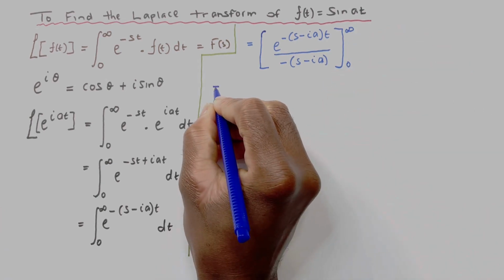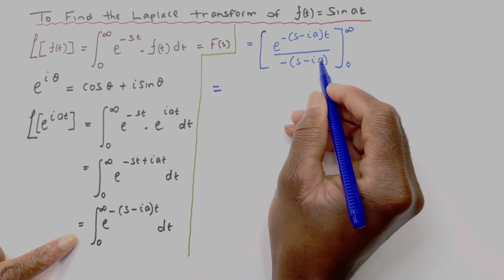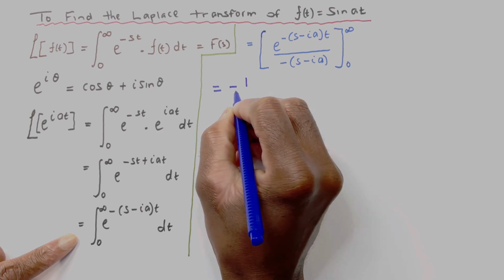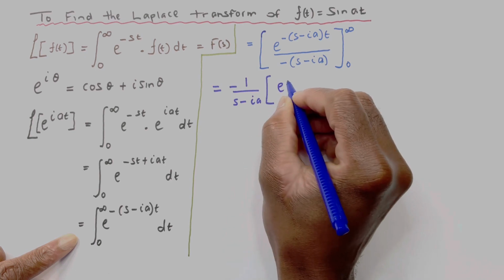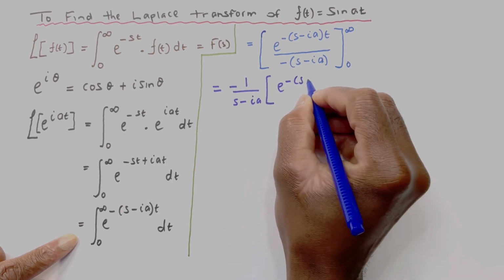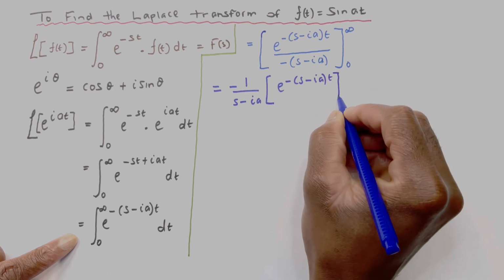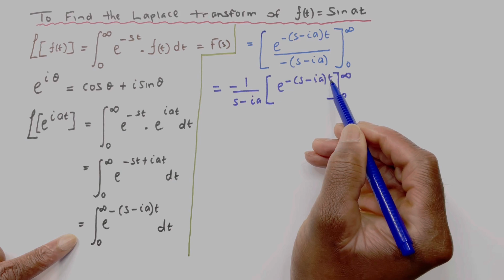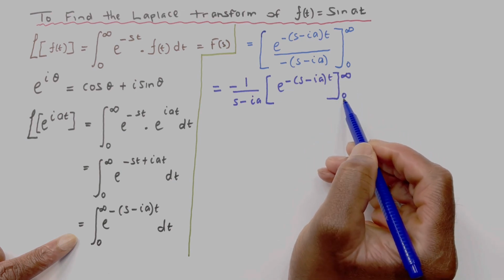So I can rewrite the Laplace as, taking the denominator out because it's constant, minus 1 over (s minus i a) times e to the power minus (s minus i a) t from 0 to infinity. I'm going to replace t with infinity and t with 0 and then take away.